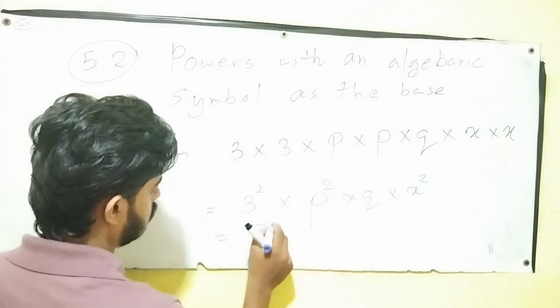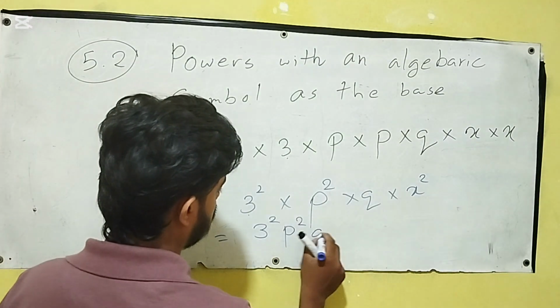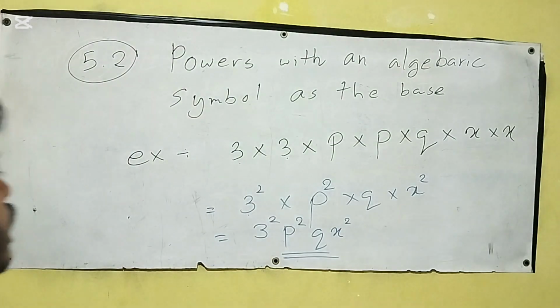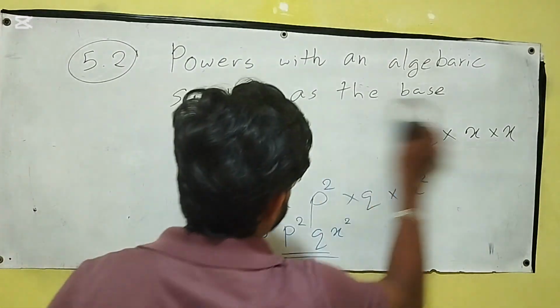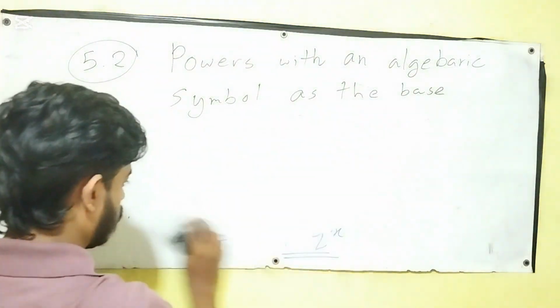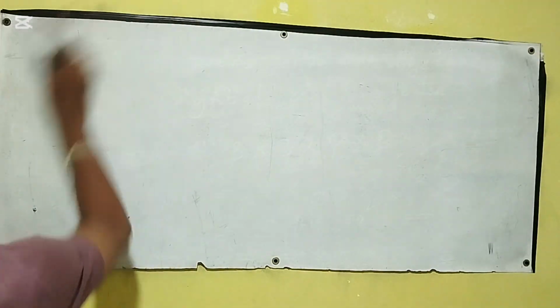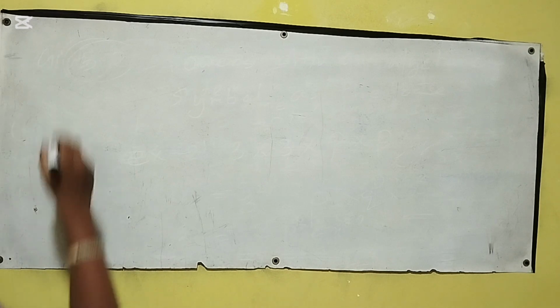Then 3 to the power 2, p to the power 2, q x to the power 2. Okay, write down this.